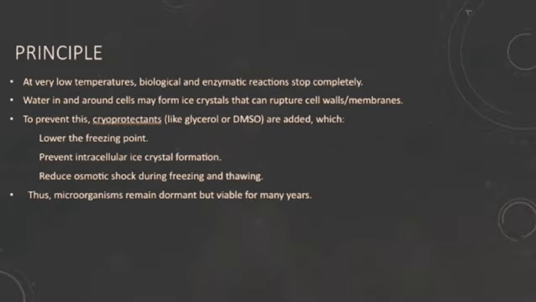The principle and procedure: the core principle is that at very low temperatures, biological and enzymatic reactions stop completely to prevent cell damage from ice crystals. Cryoprotectants like glycerol or DMSO are added. These substances lower the freezing point and prevent the formation of large, damaging ice crystals.